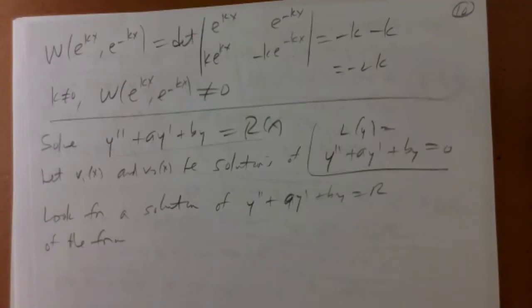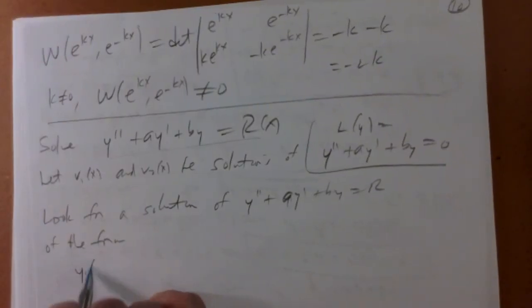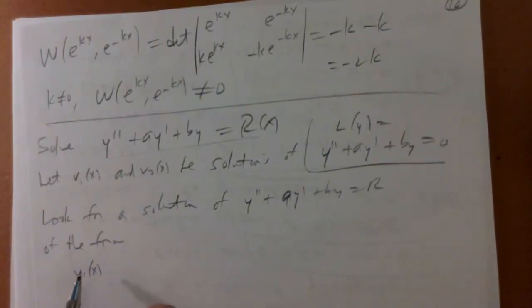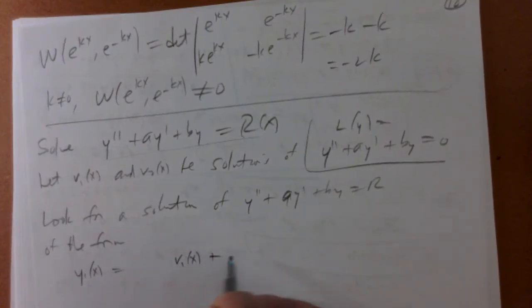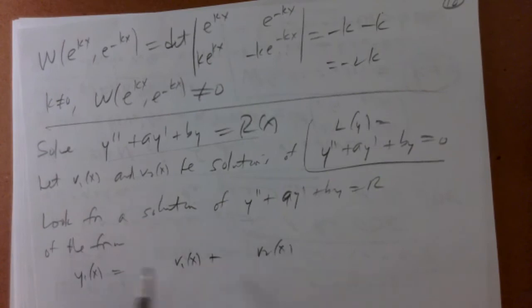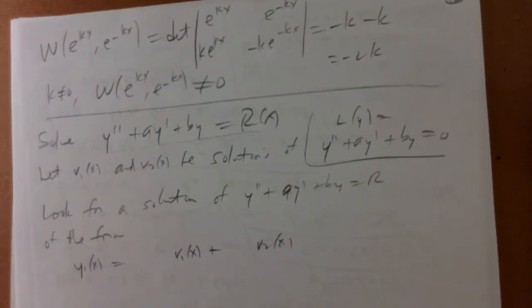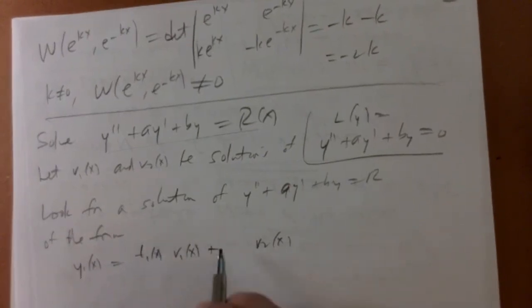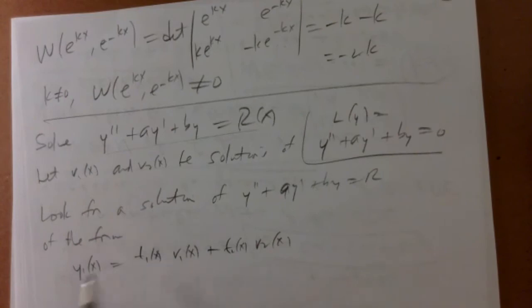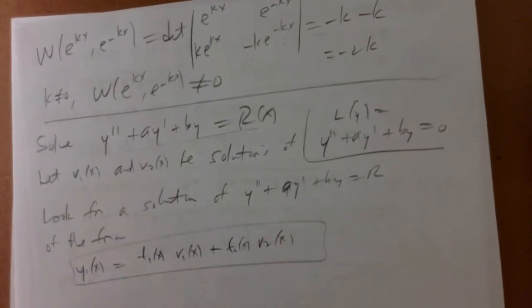We're going to let y1(x), a particular solution, be a certain linear combination of v1(x) and v2(x), but not multiplying these by constants. That would just give us other solutions of the homogeneous equation. We want to see if we can find functions t1 and t2 of x, where what we get here solves the differential equation.